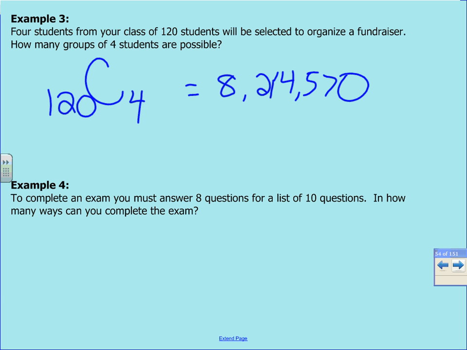Okay, example 4, to complete an exam, you must answer 8 questions from a list of 10 questions. How many ways can you complete the exam? So there's 10 questions, you have to answer 8. Why is this a combination? Why is this a combination, Briar? Right. If I gave you guys a test and I said, all right, here, 10 questions, pick any 8.